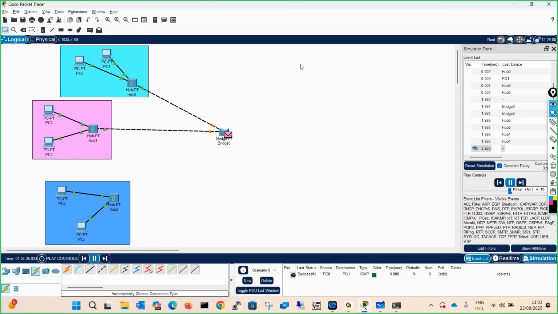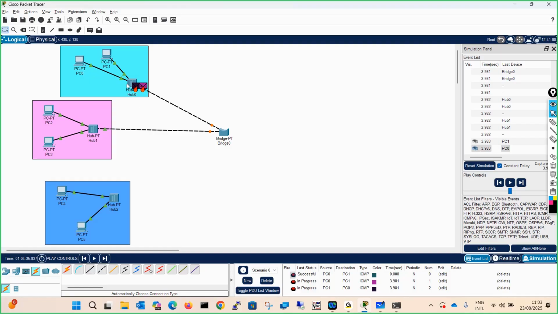Moving ahead, let's say now at the same time, both PCs want to communicate at the same time. Let's see what is going to happen. See over here, there is a collision, right?